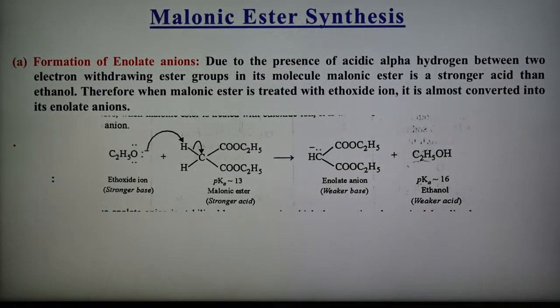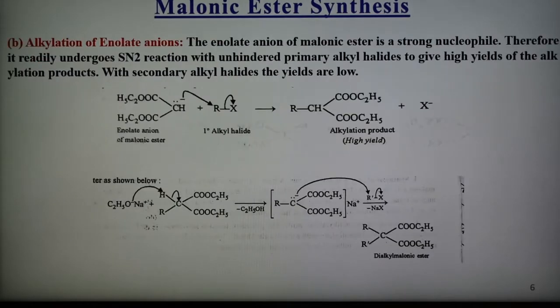The second step is the alkylation of enolate anion. The enolate anion of malonic ester is a stronger nucleophile, and therefore it readily undergoes an SN2 reaction with an unhindered primary halide to give a high yield of alkylation product.